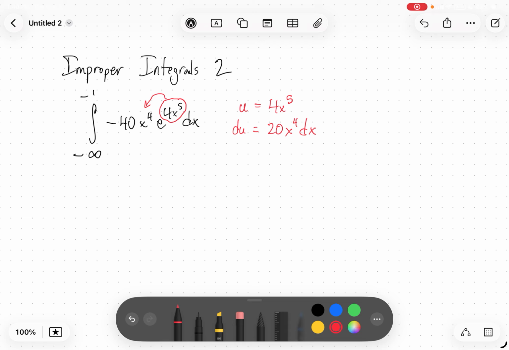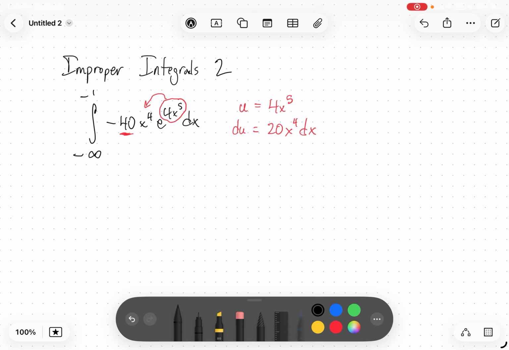There are lots of different ways that we can approach this. For example, this is 2 times 20, so I can sort of make the pattern fit.